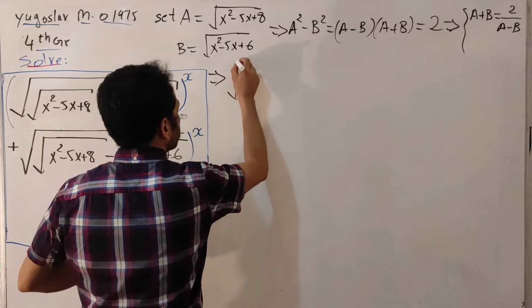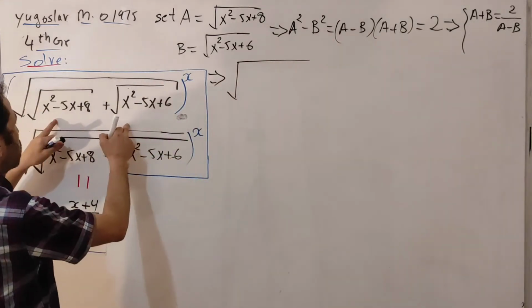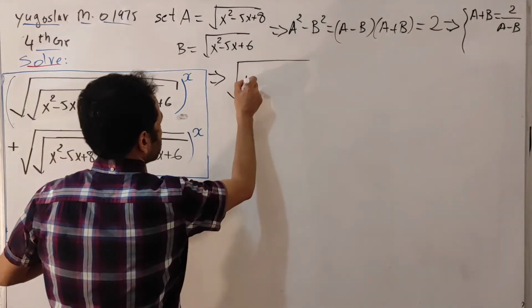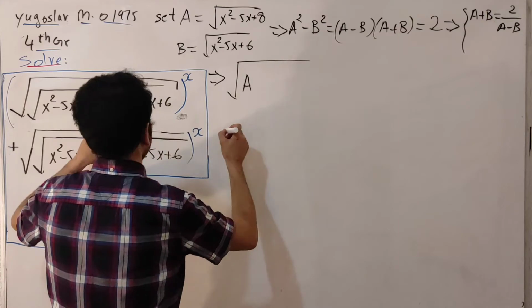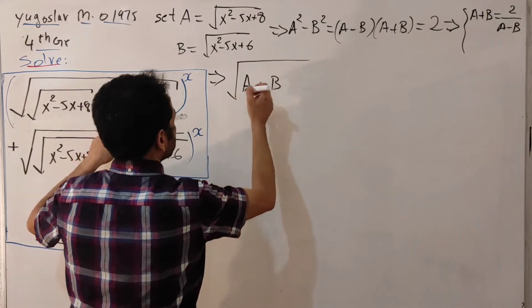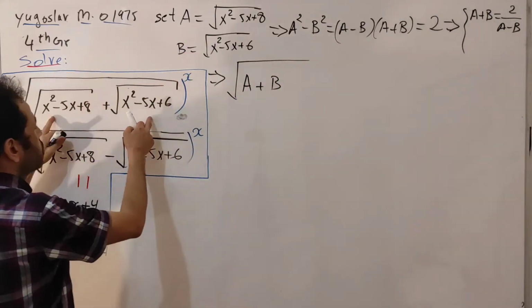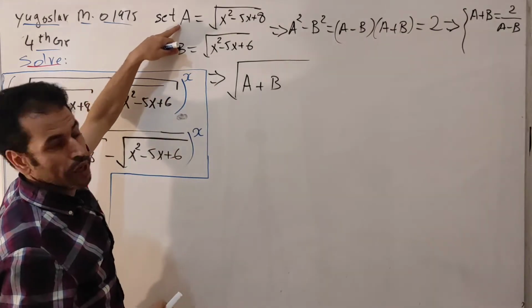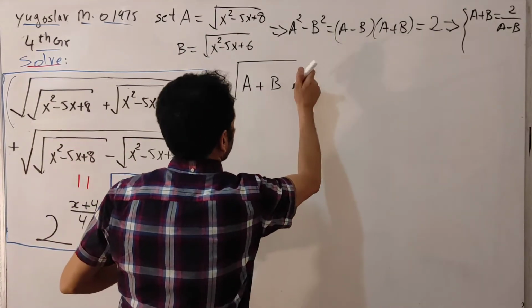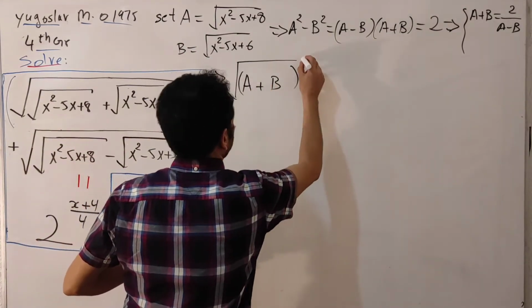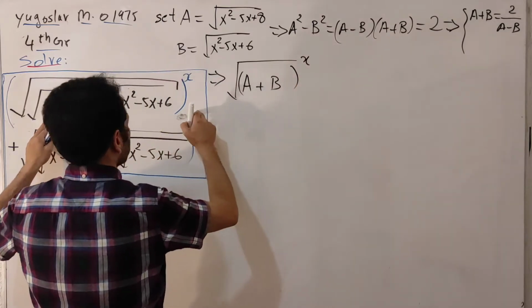I will have a big square root. Inside of this square root, I'm going to put capital A plus capital B. I'm just replacing this expression with the numbers A and B. So it is raised to the x for the first square root.